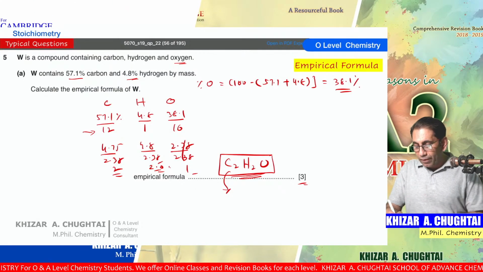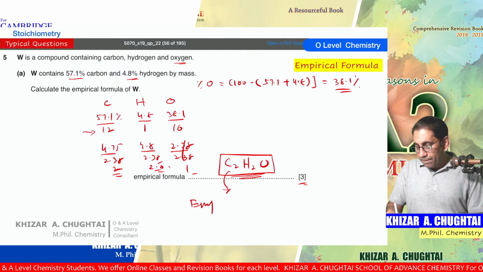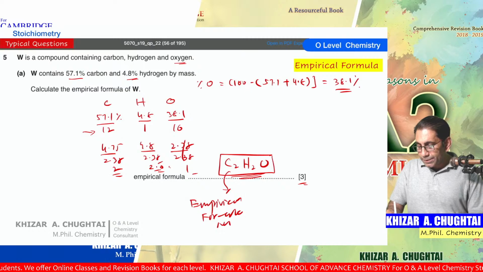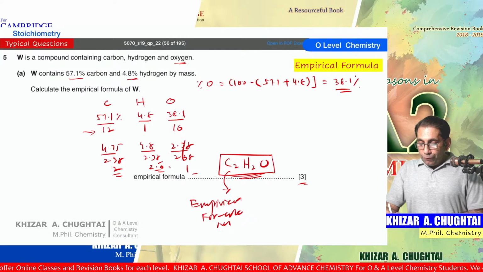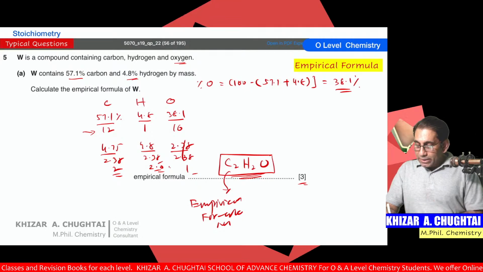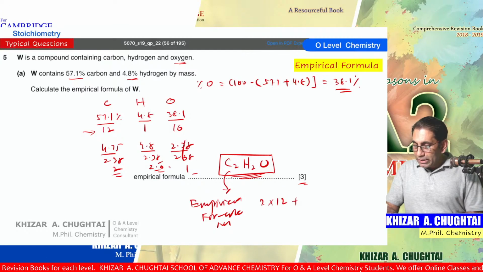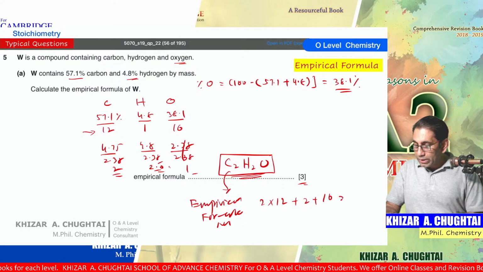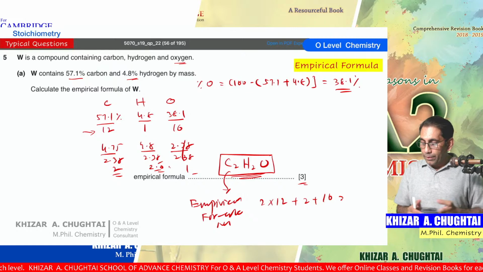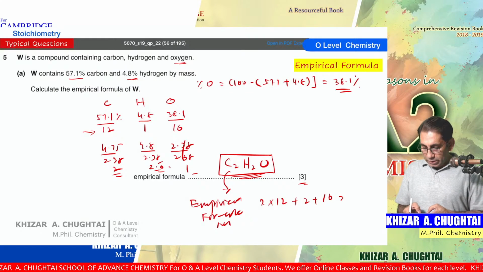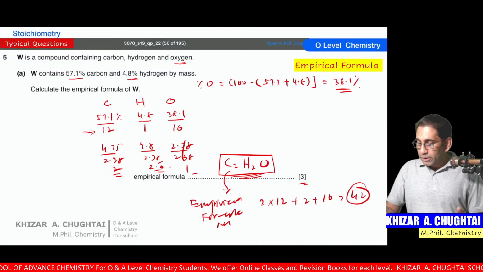This is the empirical formula mass. 2 × 12 plus 2 plus 16. What is the answer? 24 plus 2 plus 16. The answer is 42.